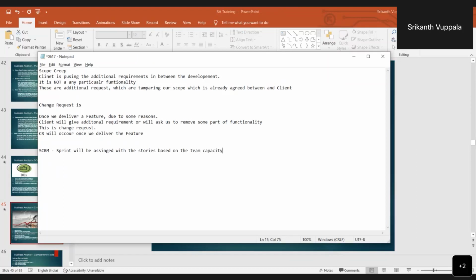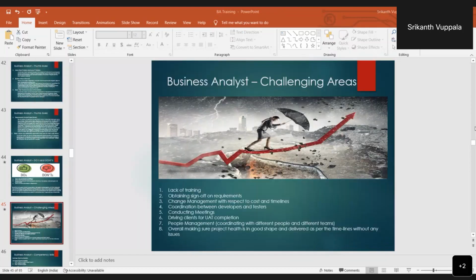We'll see this in detail when we come to this topic. If the client is saying there are some change requests, those we have to take care of at any cost.